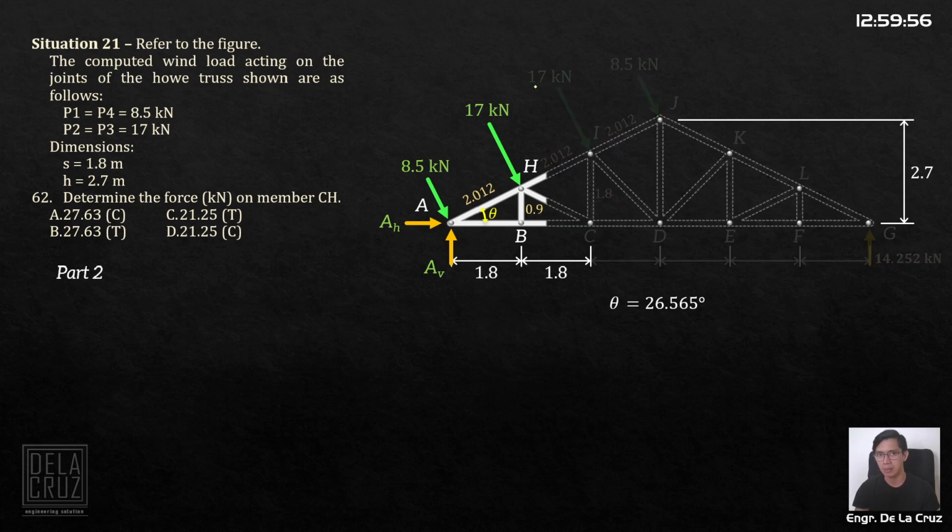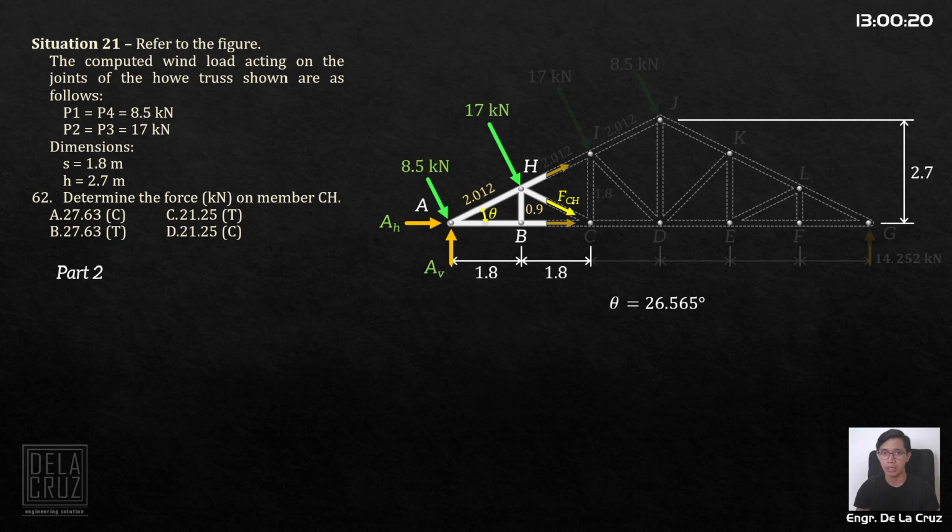Cut ko siya ganito. Eliminate natin. Basta kinat mo na yan dito, titingnan mo lang lahat on that section, on the left section. Disregard the other forces na hindi na include sa cut. Disregard talaga, diretso. So ito yung ating forces. Ito yung gusto natin makuha, force on member CH. Meron ding forces dito, which is HI and PC.